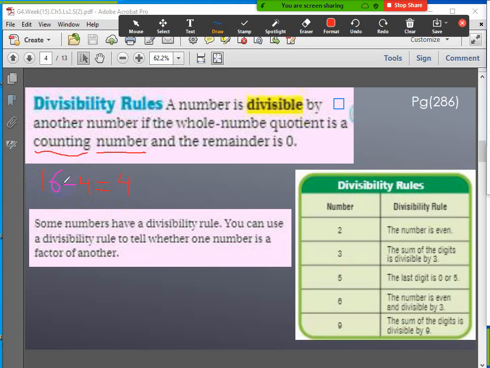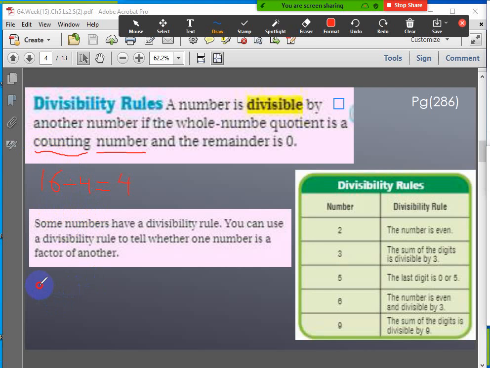Okay, so 16 here is divisible by 4 because the answer for this division is a counting number. There is no remainder here.